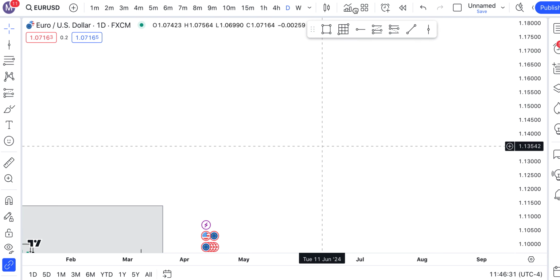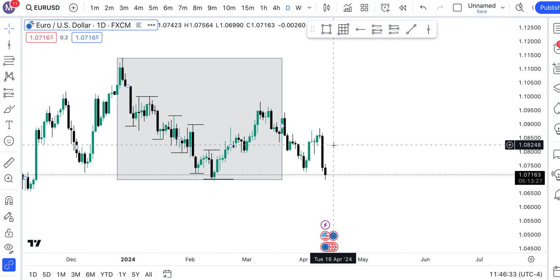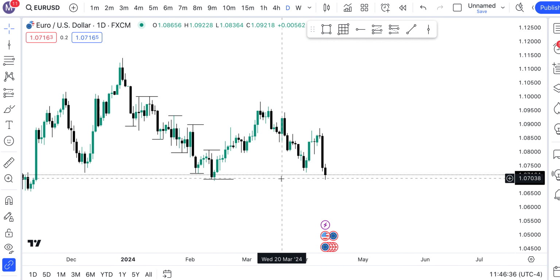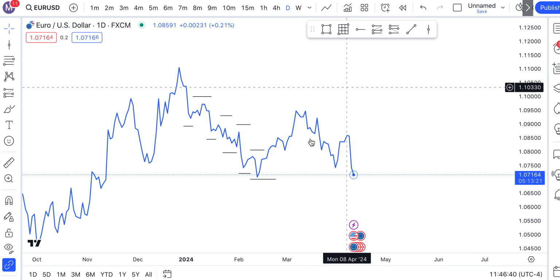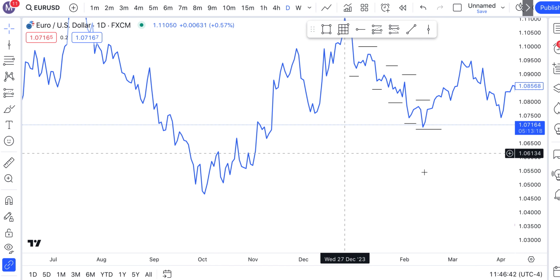Let me also show you. If you are struggling with telling trends, then change from candles to line, and then look how much simpler this is now.